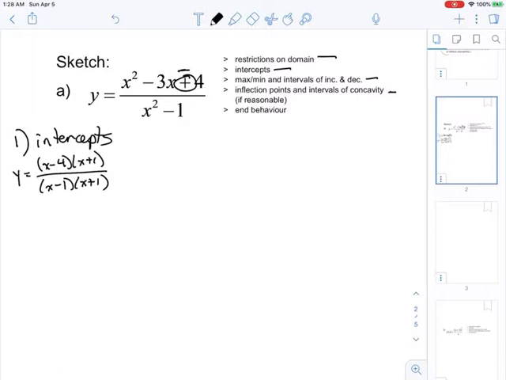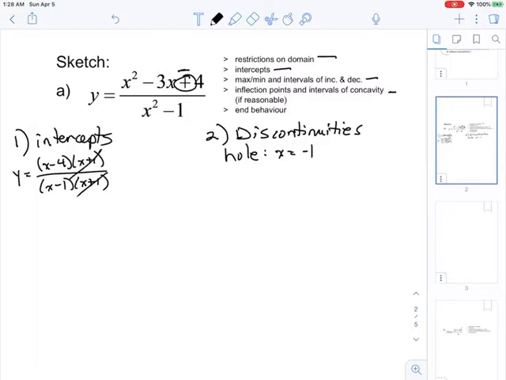Actually, we can do them both at the same time. So there is a hole at x equals -1 because of that.